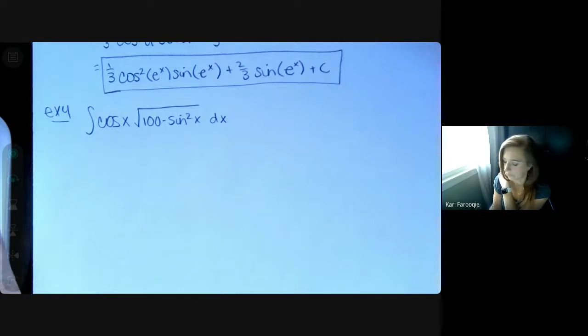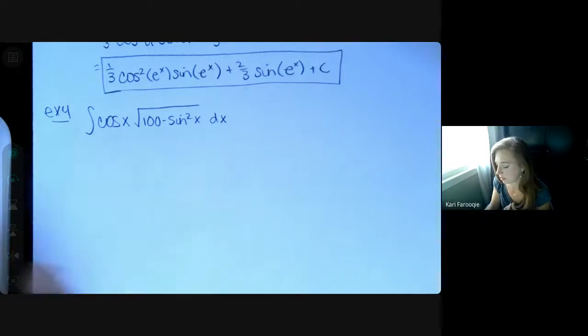Okay. So the goal here is to get this into a form that looks like something that would have been in your table of integrals. And I think even just having glanced at it for a few minutes, we should have a good sense of what's actually in there.